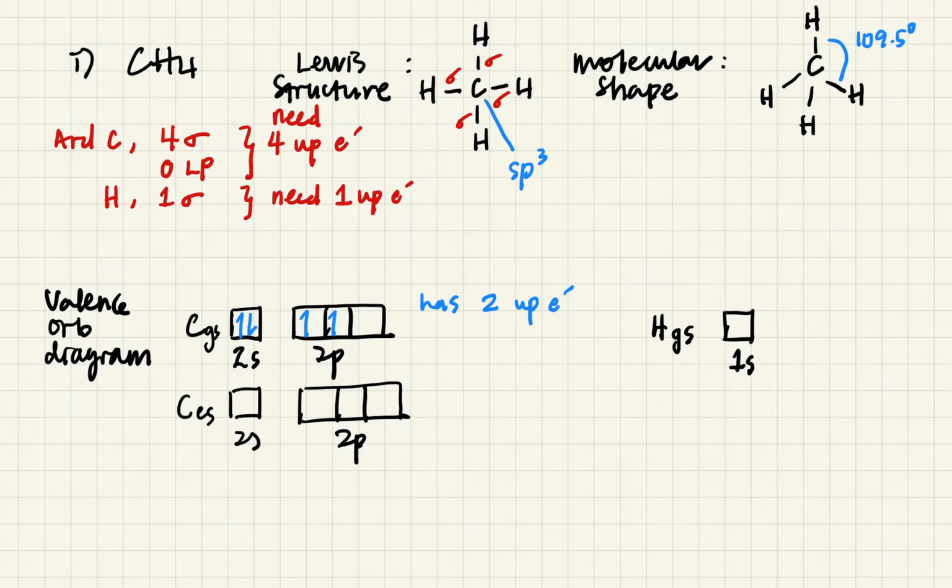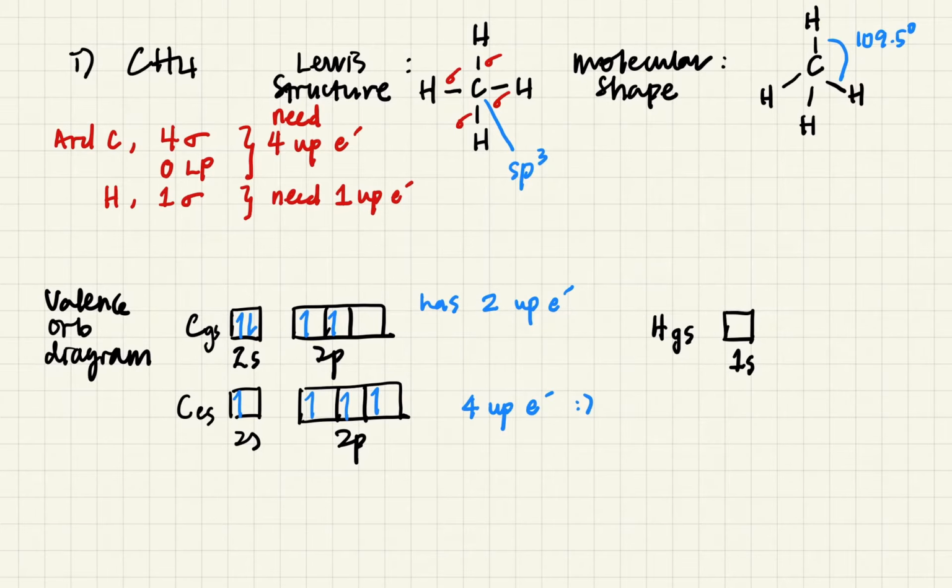Alright? So that means what you need to do is promote one of the 2s electrons into the 2p orbital. So let's do that. So this electron will be promoted here. Okay. So now how many unpaired electrons do you have? You have 4 unpaired electrons. Okay, happy face.